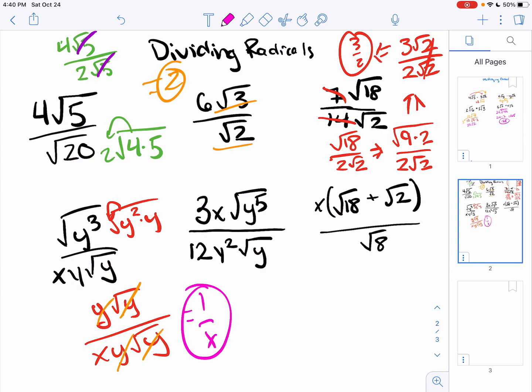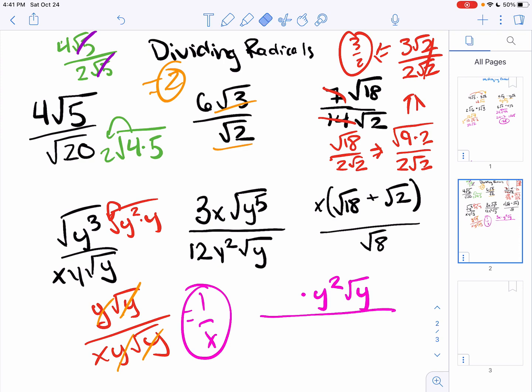Okay, for the next one, we're going to simplify. We have 3x, and then radical y to the 5th will come out. So it'll be radical y to the 4th times y, which will come out as y squared, radical y, over, and actually, I can take this dot out.